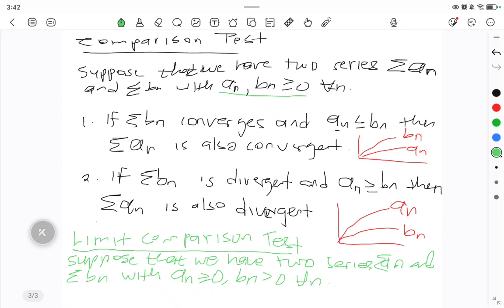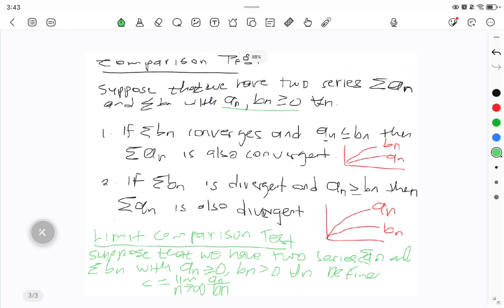You see, right? And then we'll define c being equal to the limit as n approaches infinity of an over bn. You see, right?